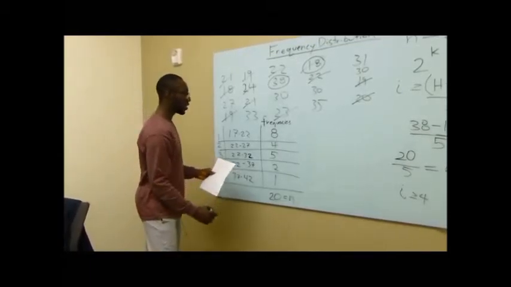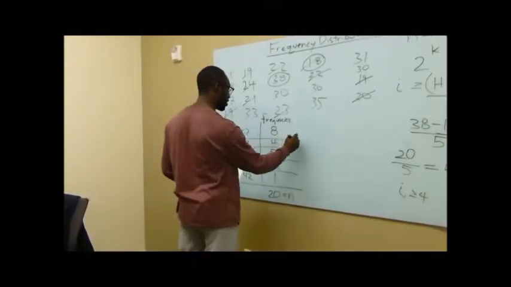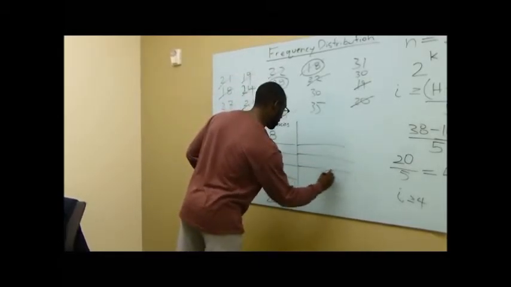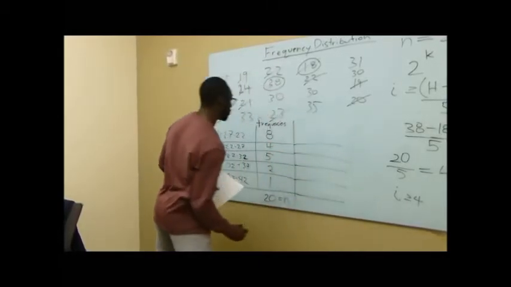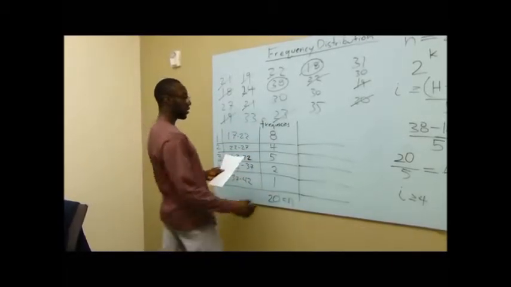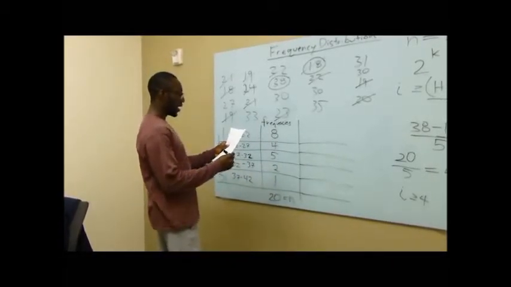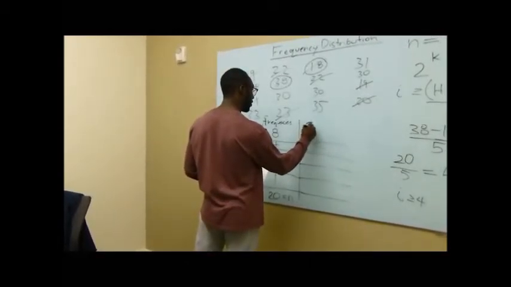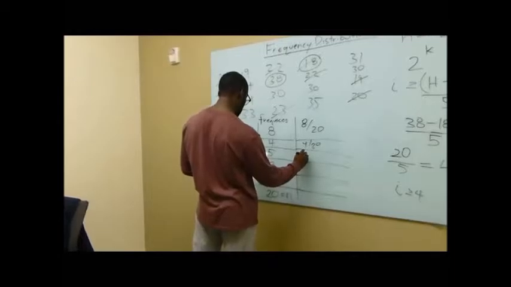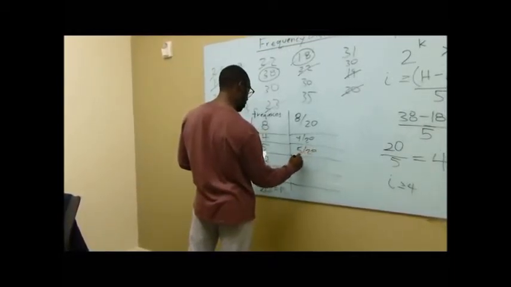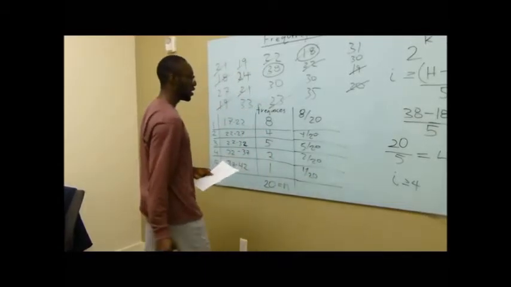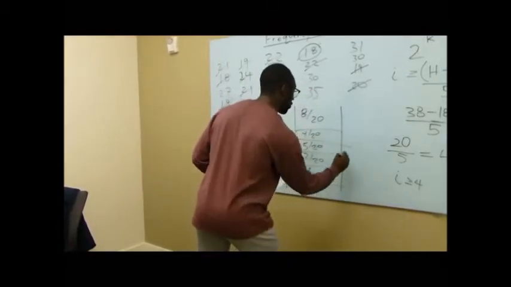So we now have 20, and in order to get the percentages, we're going to extend this table, and we're going to divide the frequency by the total frequency. And that is going to be 8 divided by 20, 4 divided by 20, 5 divided by 20, 2 divided by 20, and 1 divided by 20. Then we're going to list the percentages over here.